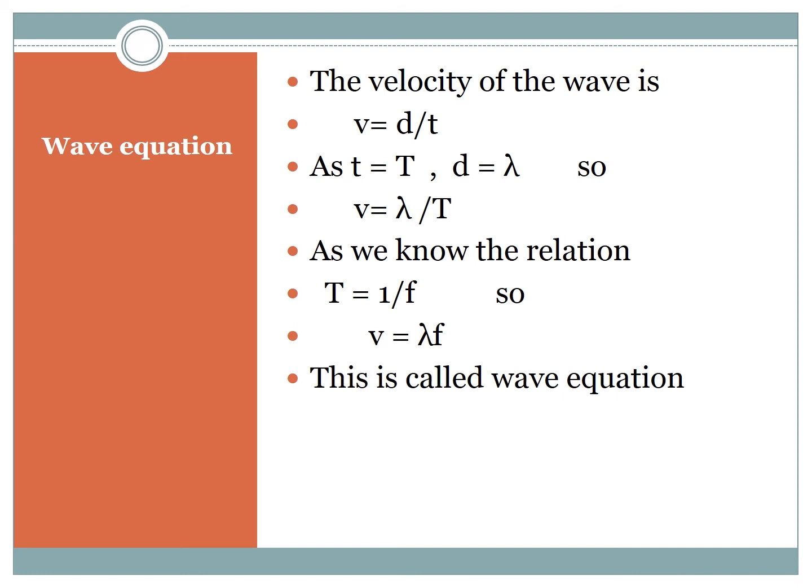What is d? d is the displacement and t is the time taken in which the wave travels. As we have already studied, we take the time of the wave as its time period and its distance traveled as a wavelength. So we can replace time by time period and displacement by wavelength. By replacing these two symbols, we have a new equation, that is v equals lambda by T.